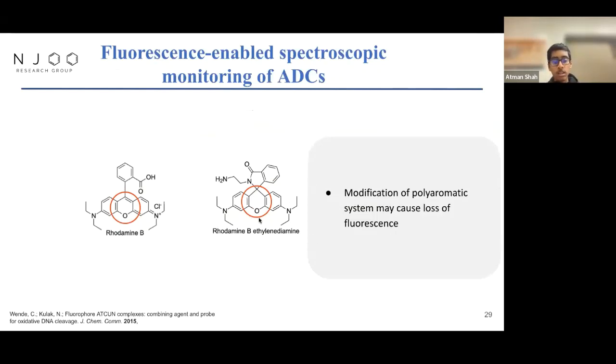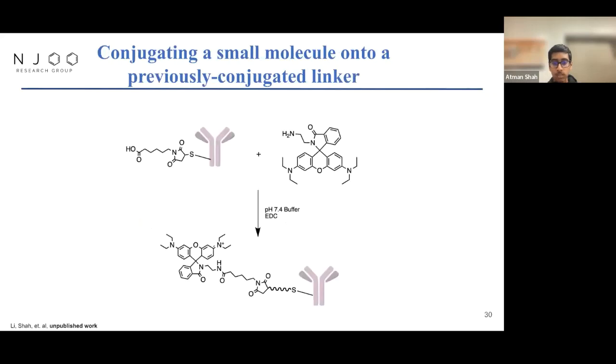And so we hypothesized that breaking this middle ring and forming a new ring with the added nitrogen would actually cause a loss of fluorescence. And so we decided to try FTSE instead because the isothiocyanate can be functionalized into an amine without changing the polyaromatic ring system, which allows us to still track the fluorescence and absorption of the fluorophore.